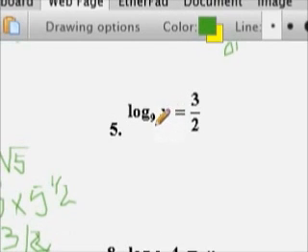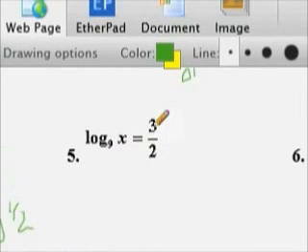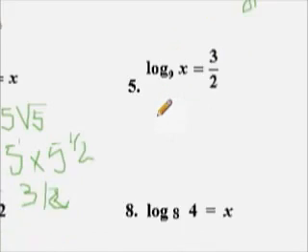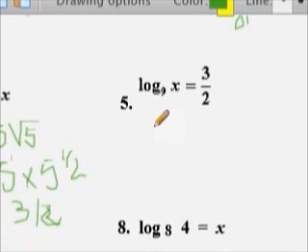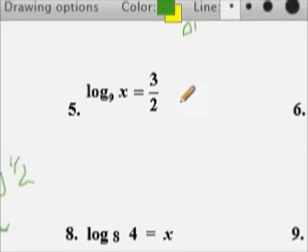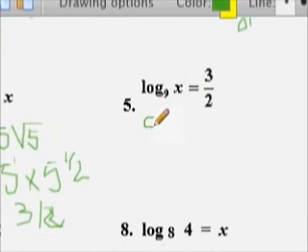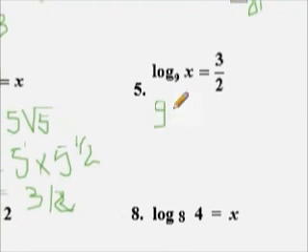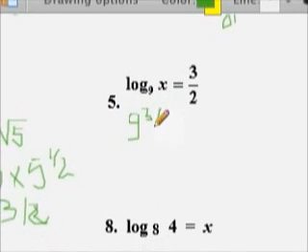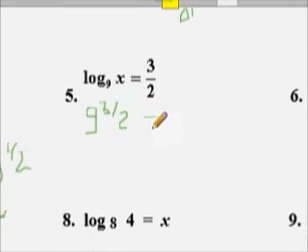Log base 9 of x is equal to 3 over 2. The base is 9, so what I'm trying to figure out is to what power I need to raise 9. I know the power here, I know the result. So I can say 9 to the power of 3/2 equal x.